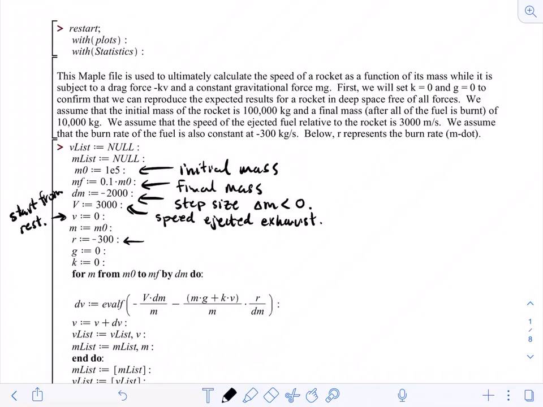R is delta M over, right, okay, R is the rate with which we burn the fuel. So it's the burn rate of the fuel.